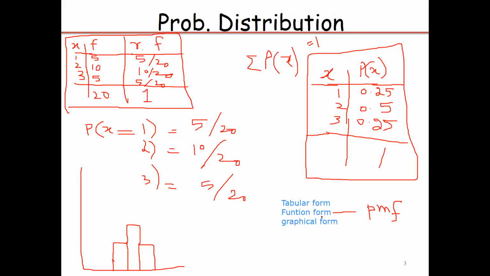And if it is in a graphical form, this graph is called a probability histogram. So we can represent it in a tabular form, in a graphical form, or in a function form. These are the three different forms. I am giving you an example of function form later on in this presentation.